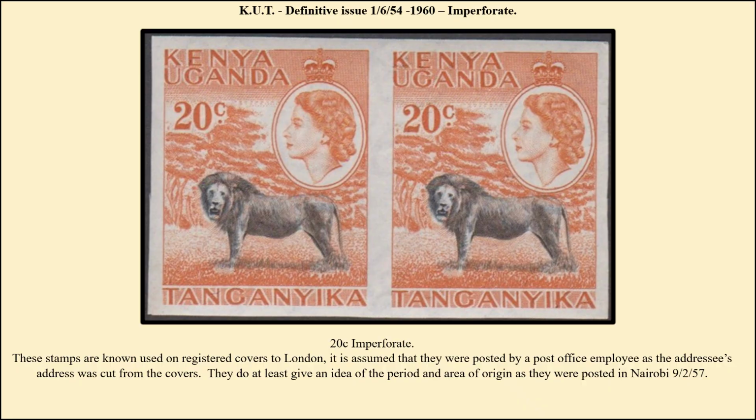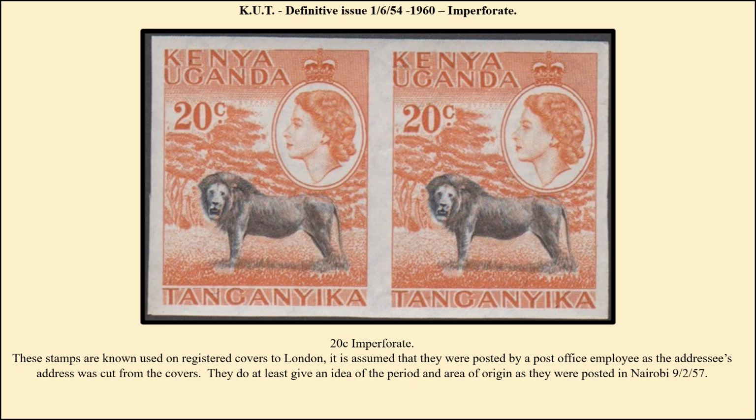There are a few known copies, and there are a few used copies known. The used copies were found on registered letters to London from Nairobi and were dated the 9th of the 2nd, 1957.